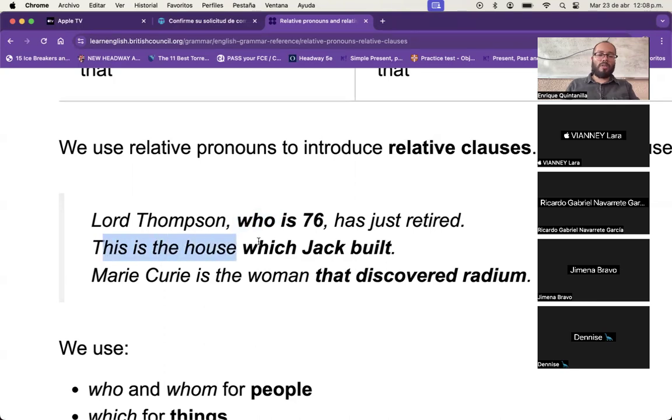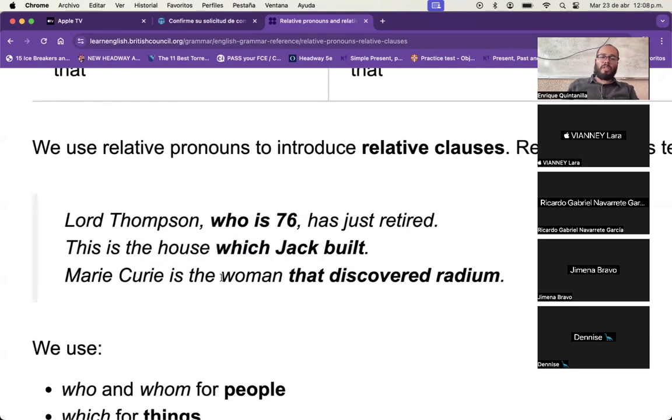This is the house which Jack built. Here, the house is an object, so I cannot combine it with who. The house is an object which Jack built. Marie Curie is the woman that discovered radium.